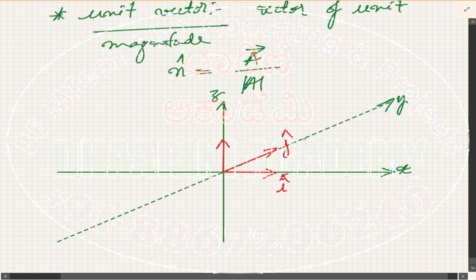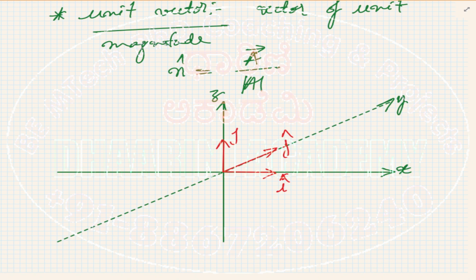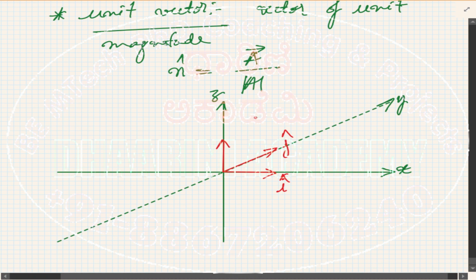The second one is J cap. Whenever I see a J cap, it indicates that it is a unit vector along Y axis. And then we have another vector, that is unit vector K cap, indicates that it is a vector along Z axis. So X, Y, and Z axis unit vectors are directly denoted by I cap, J cap, and K cap.